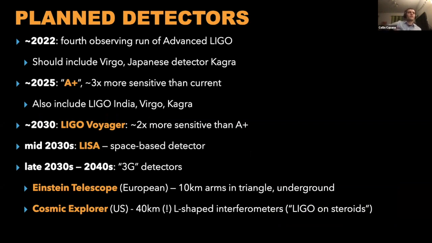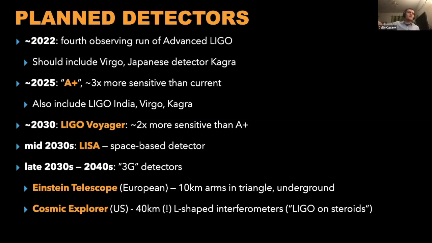Further afield, in 2025, there'll be an upgrade to the LIGO detectors called A+, which should have about 3 times more sensitivity than the current detectors. Around 2030, it's hoped or planned that there'll be yet another upgrade called LIGO Voyager, which should be 6 times more sensitive than the current detectors.